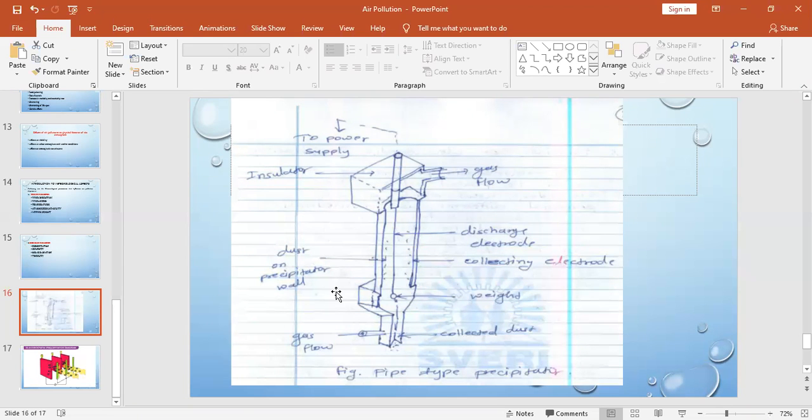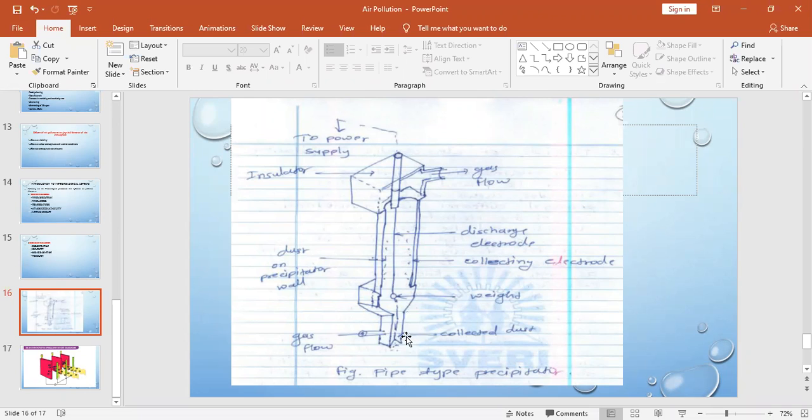In the dry electrostatic precipitator, you need to send only dry gas flow inside, and in a wet electrostatic precipitator, a gas with moisture content will be allowed to enter. In that case, a little modification will be there, and at the inlet of this gas flow itself, there will be a drying system.